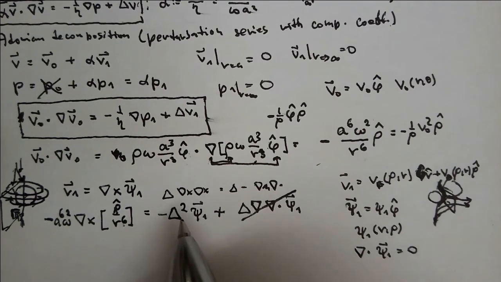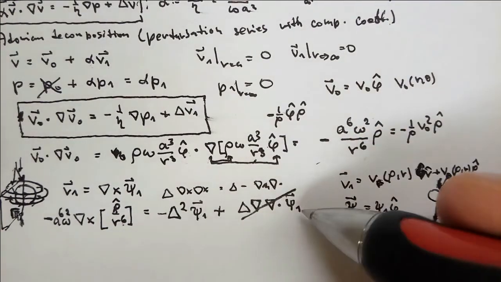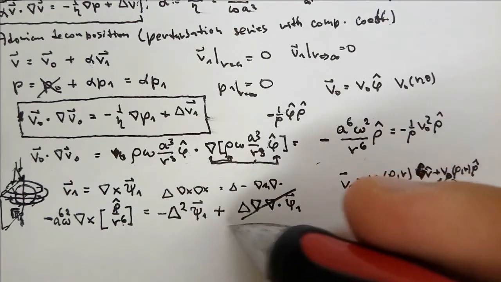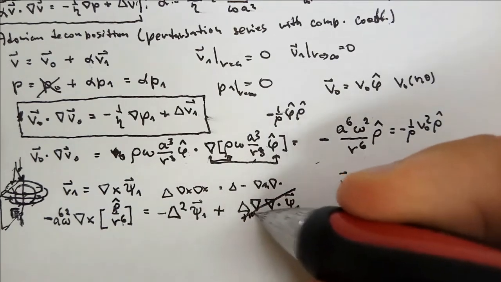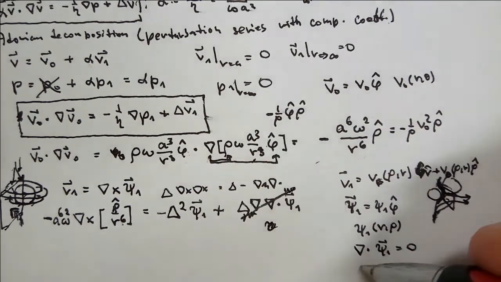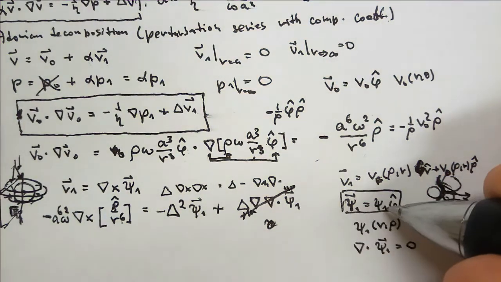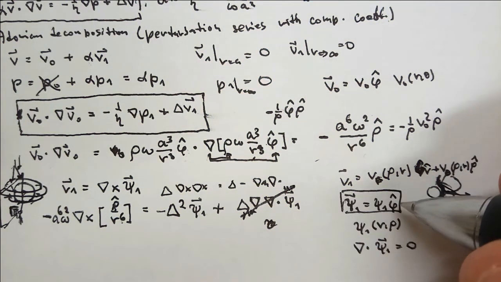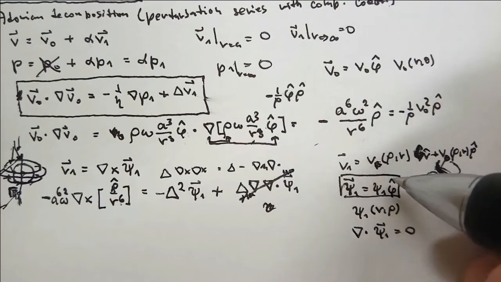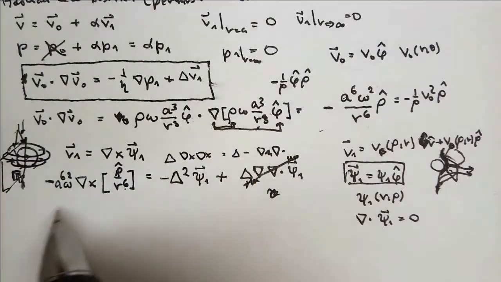So next, again, now we will compute these terms. So this is the general equation, but we will write this form of solution: psi 1 vector is psi 1 times phi vector. So we will get, and this is what?